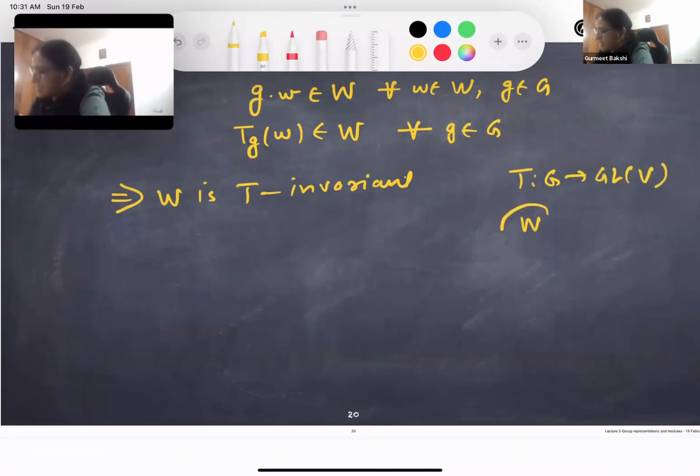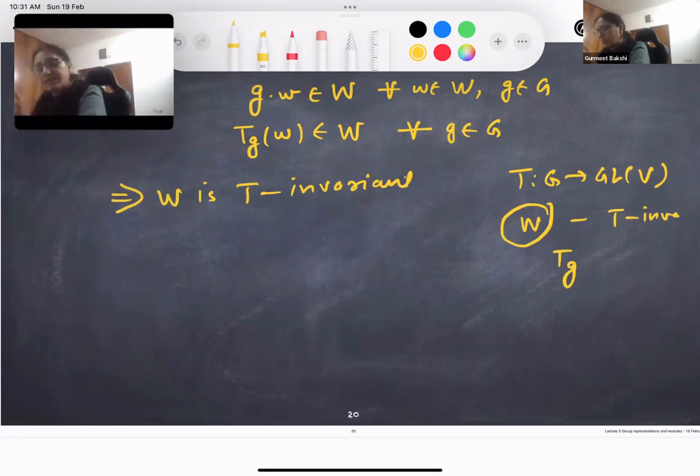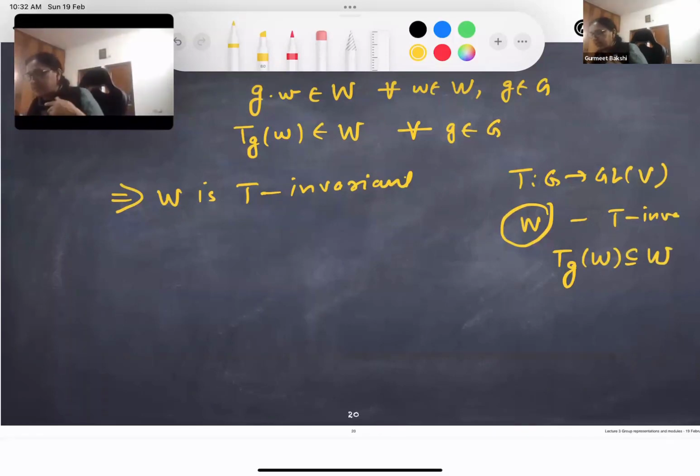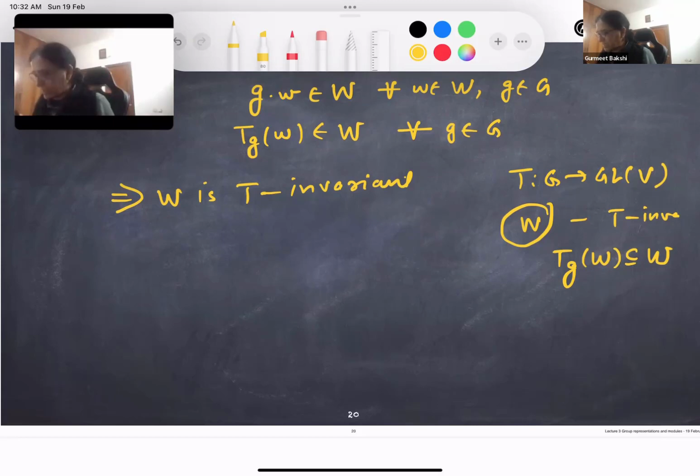A subspace W of V is called T-invariant if all the linear transformations T_g from V to V, when I apply them on W, land in W. So that restriction is an endomorphism, from W to W, and therefore it lands in GL(W).